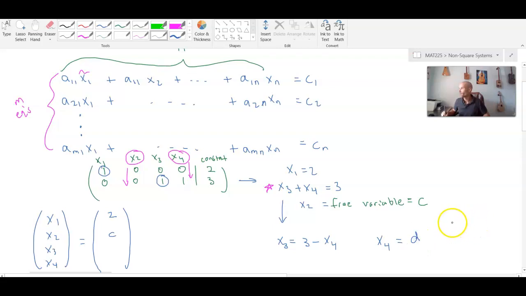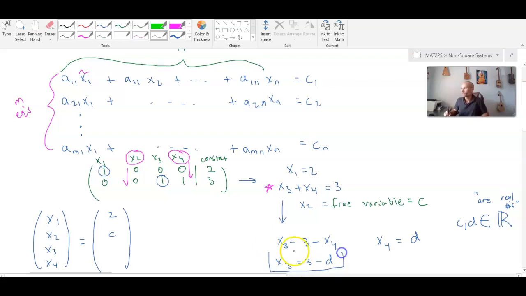And just over here off to the side, I'll say c and d, and this symbol here just means are elements of, or belong to, or are members of the real numbers. So c and d are real numbers. That's all this statement means. So we have our solutions. And the last thing we need to do is say x3 equals 3 minus that value of d.